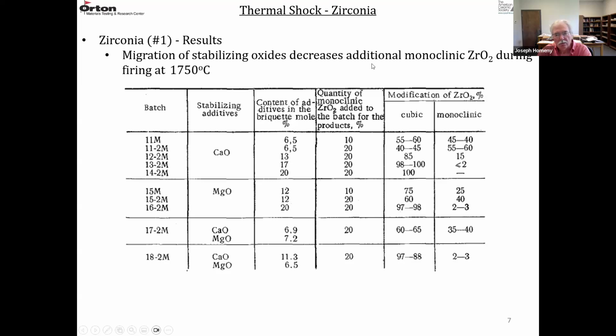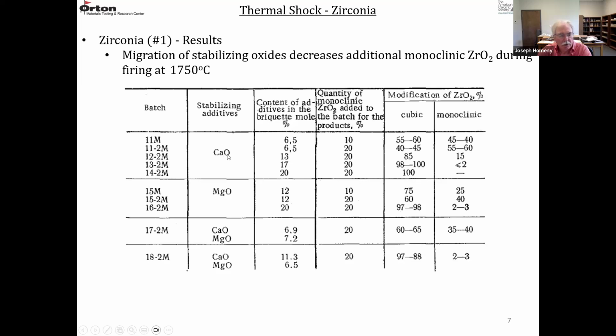There's also something else to consider. The stabilizing oxides tend to diffuse or migrate, and that also decreases some of the zirconia in the monoclinic form.